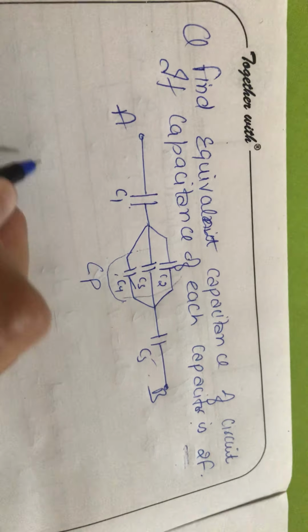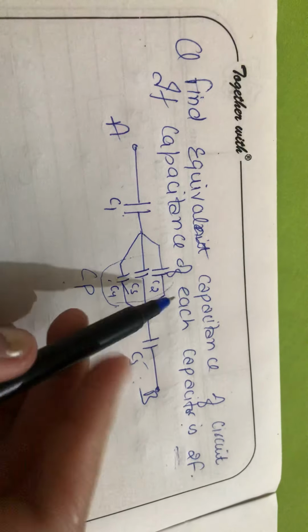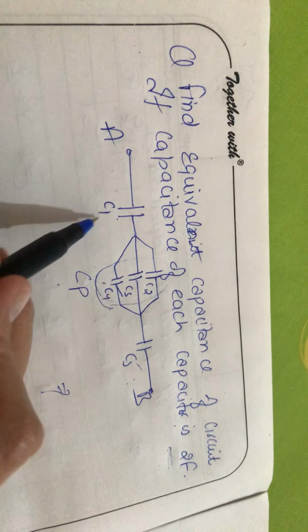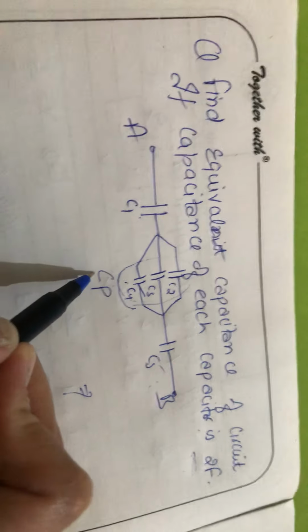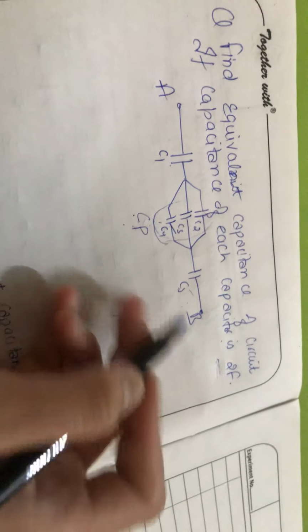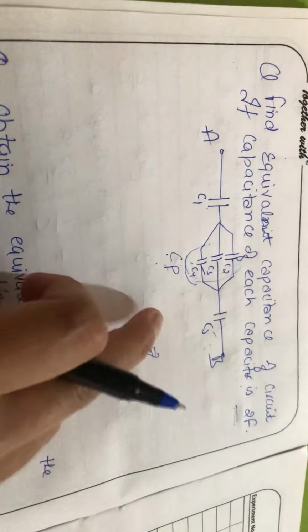Let's say Cp. Then C1, Cp and C5 are in series. So first you will apply the parallel combination formula here, and then for these three you will directly apply the formula of series combination, and then you can find the equivalent capacitance of this particular circuit.